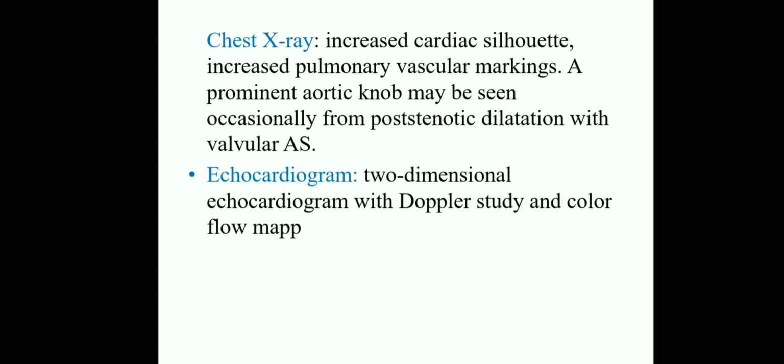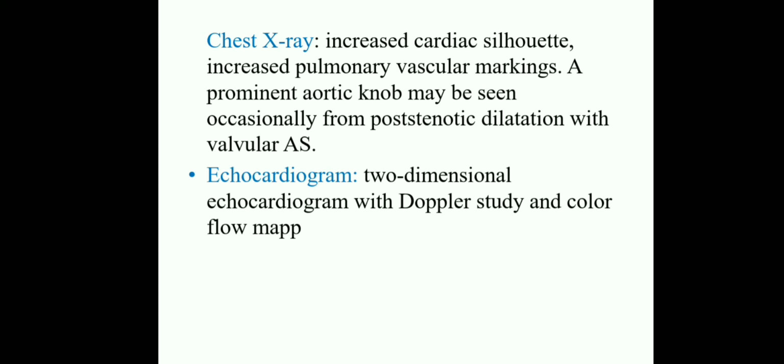A prominent aortic knob may be seen occasionally, from post-stenotic dilatation with valvular aortic stenosis. These are the valvular problems, and the bordering of the heart we will see in the x-rays.